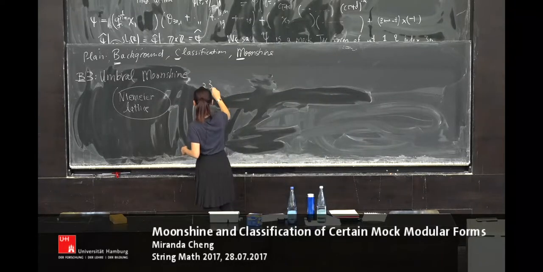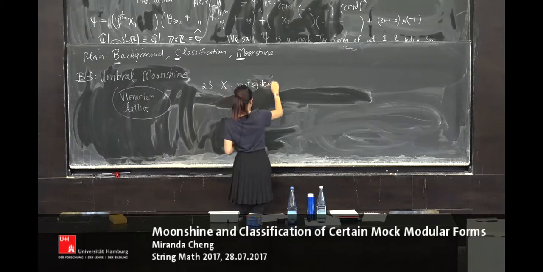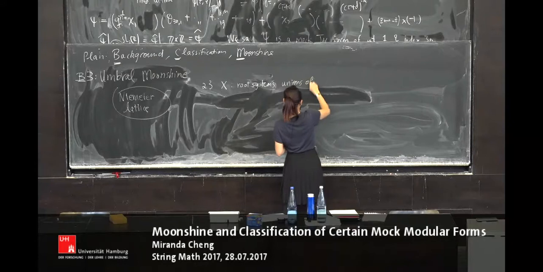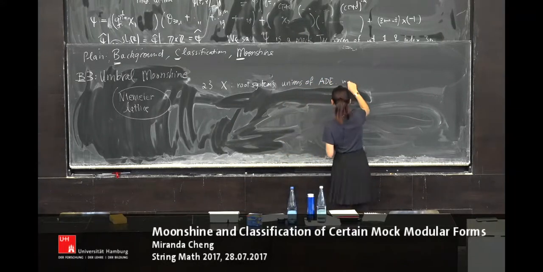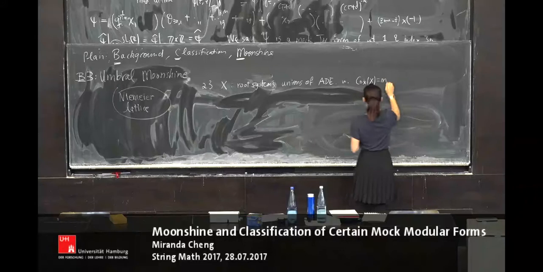So there are 23 of these root systems X that are unions of ADE root systems with a unique Coxeter number m. What do I mean by that?